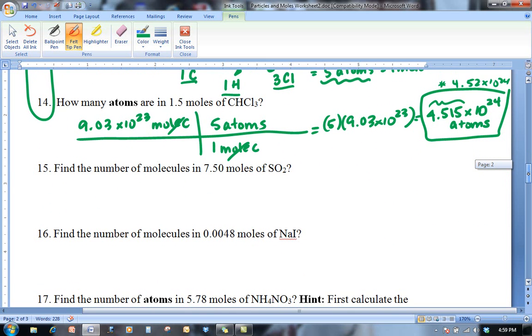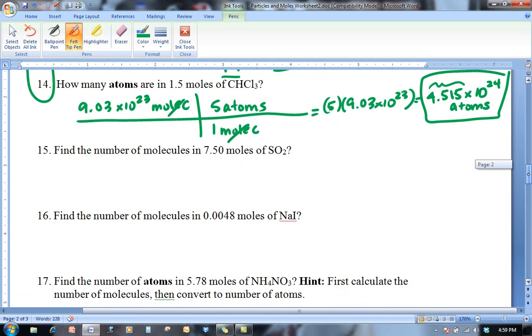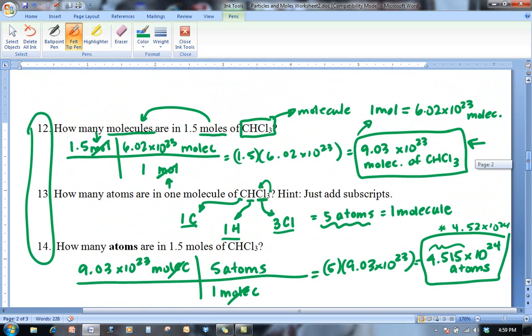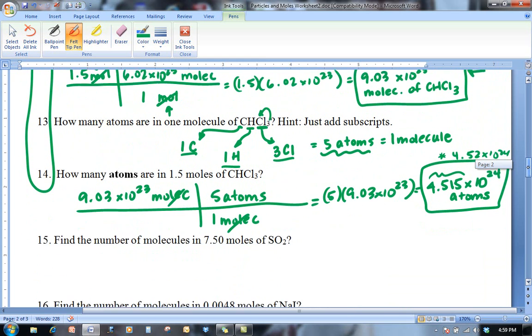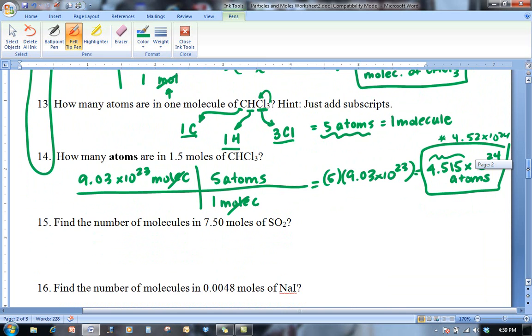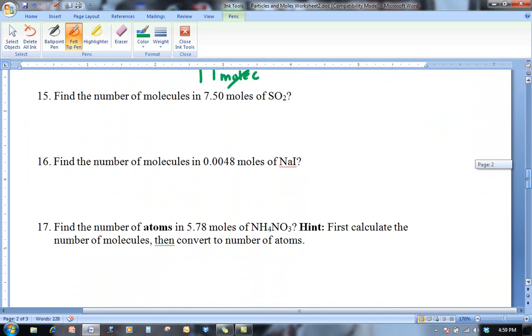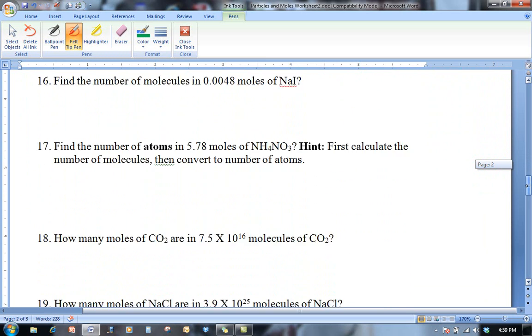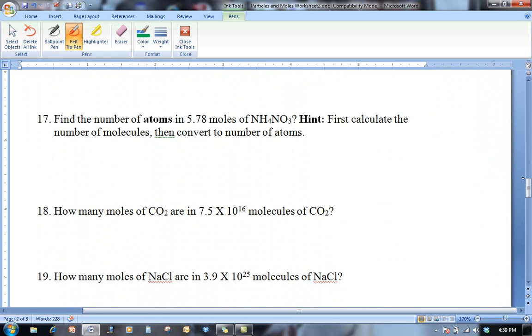So numbers 12 and 13 and 14 altogether are the way that you would solve something like number 17. Number 17 says, find the number of atoms in 5.78 moles of ammonium nitrate, which is NH4NO3.